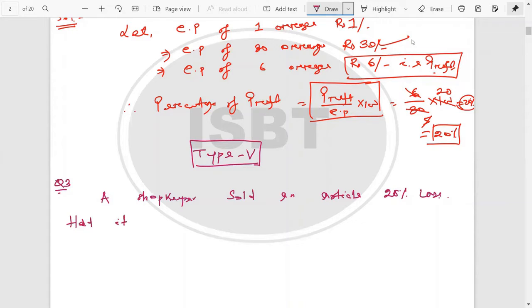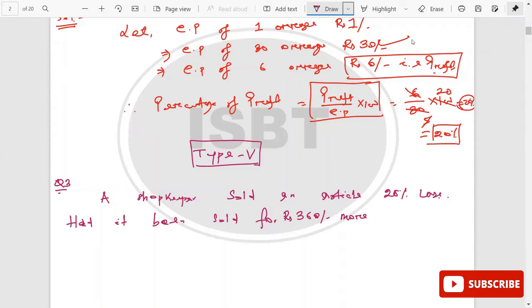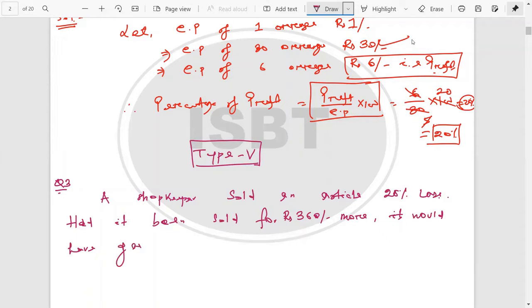Had it been sold for 360 rupees more, it would have gained 5%.